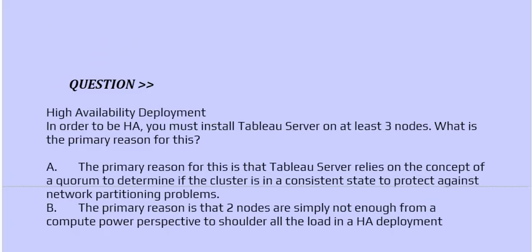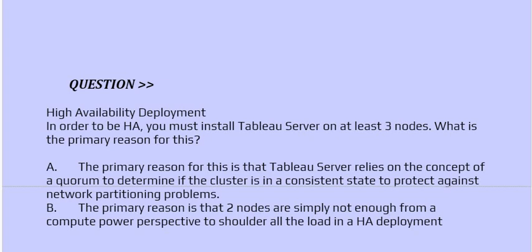Next question is, high availability deployment. In order to be HA, you must install Tableau server on at least 3 nodes. What is the primary reason for this? Option A. The primary reason for this is that Tableau server relies on the concept of a quorum to determine if the cluster is in a consistent state to protect against network partitioning problems.